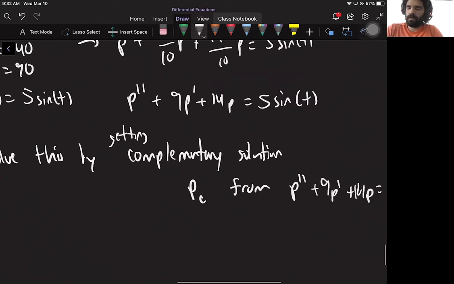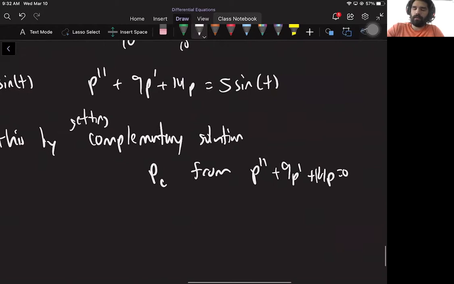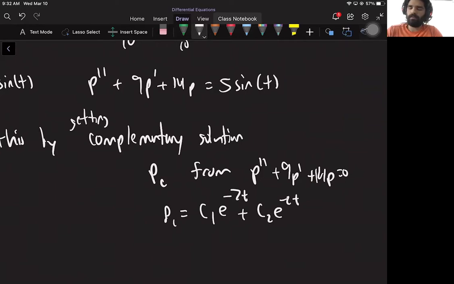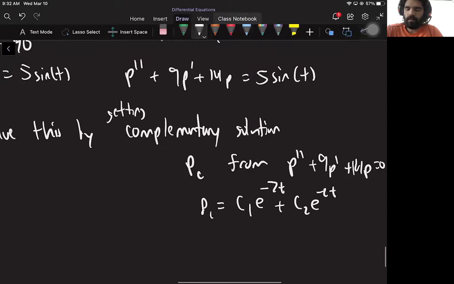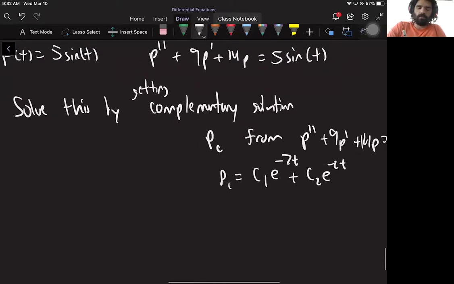So we are experts at that. We already did that earlier, so I'm not going to redo it. It's just C1 e to the negative 7t plus C2 e to the negative 2t. So that's my complementary solution. So now what's different is I have to get a particular solution.